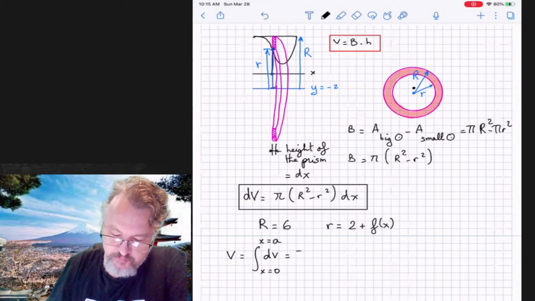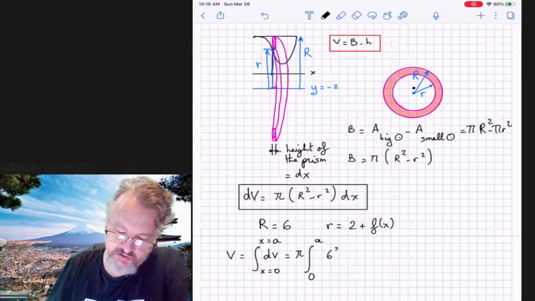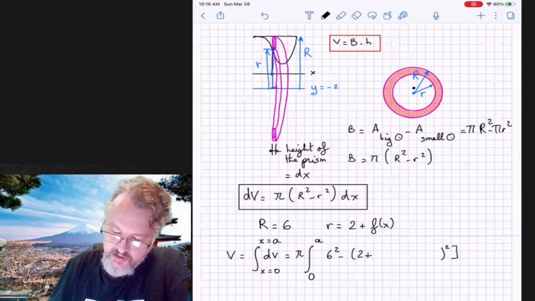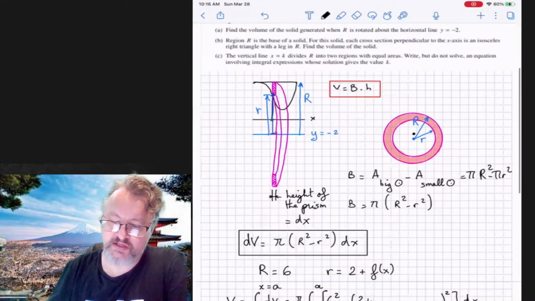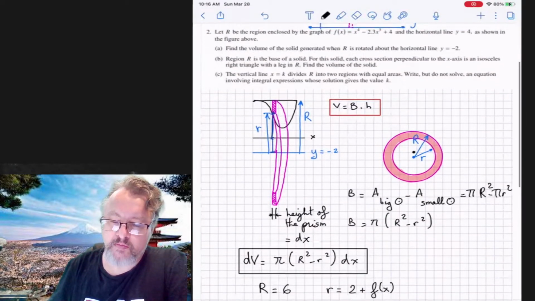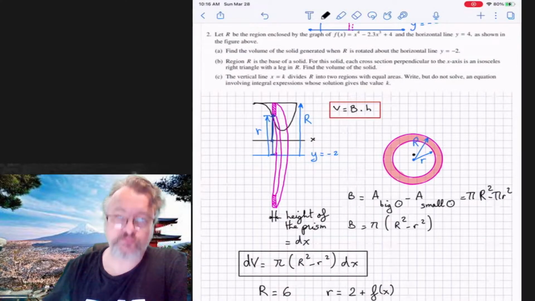Therefore, I'm going to have pi integral from 0 to a of 6 squared minus (2 plus, and right here I'm just going to write the function f of x. So we have x to the 4th minus 2.3 x cubed plus 4). There you go.